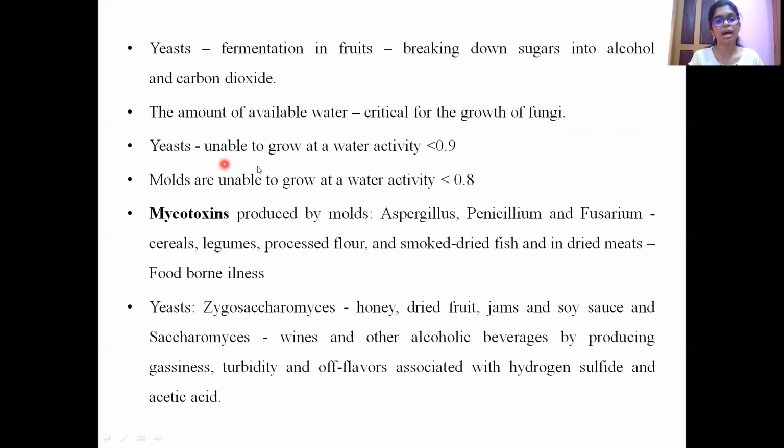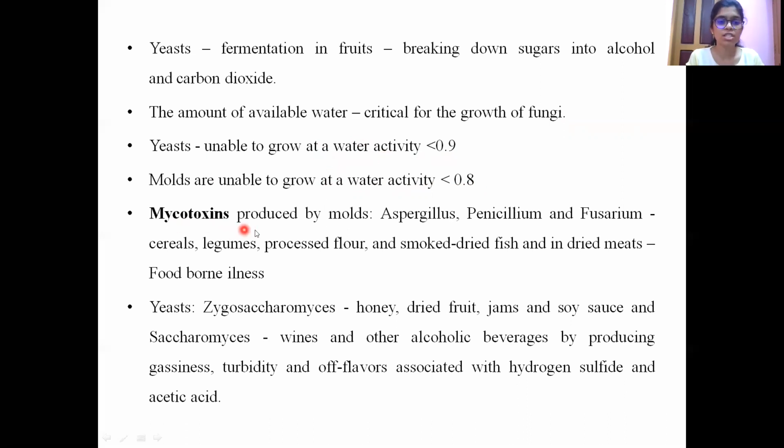So the amount of water available is a critical factor for the growth of fungi. Yeasts are unable to grow at water activity less than 0.9, whereas molds are unable to grow at a water activity less than 0.8. So we will discuss examples of these yeasts and molds that cause foodborne diseases.